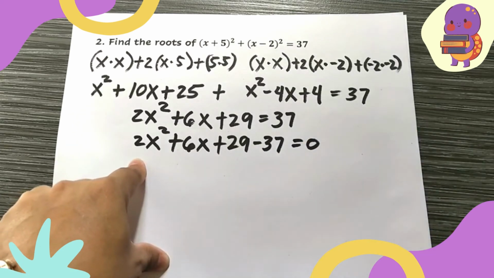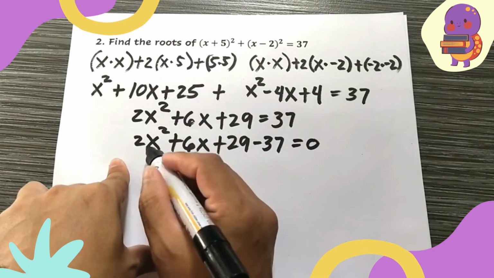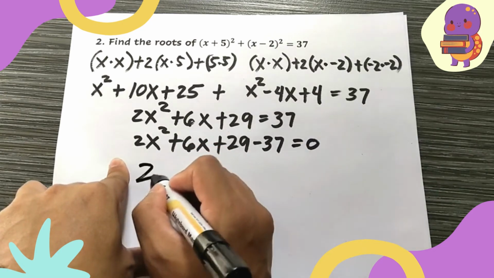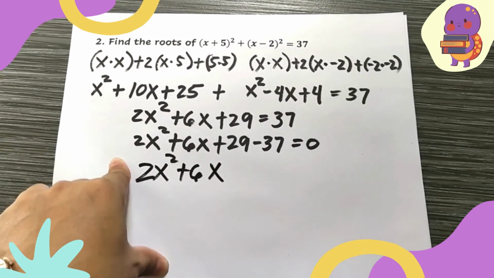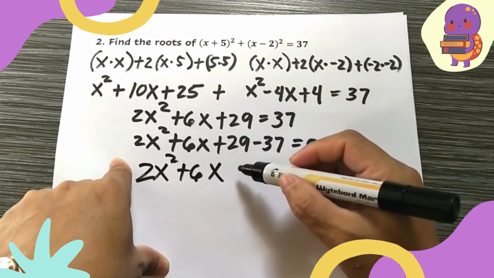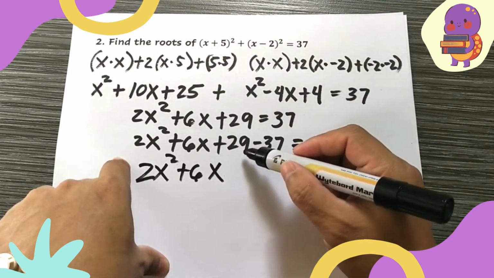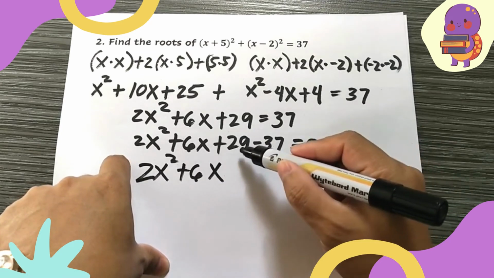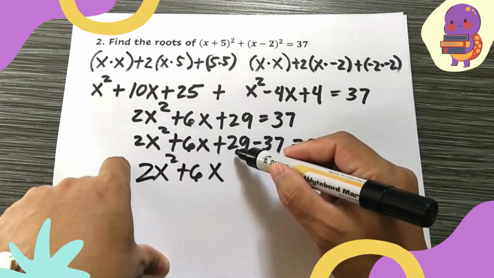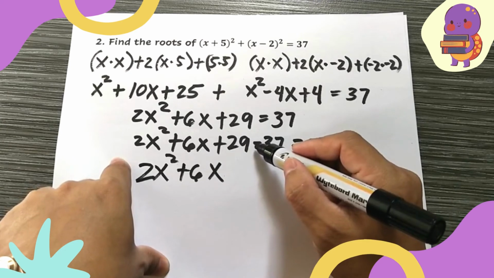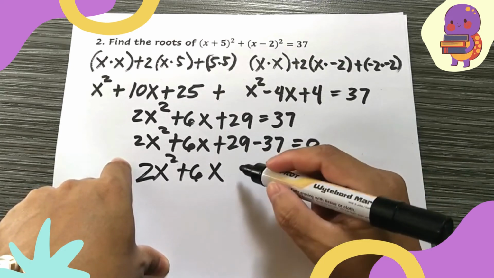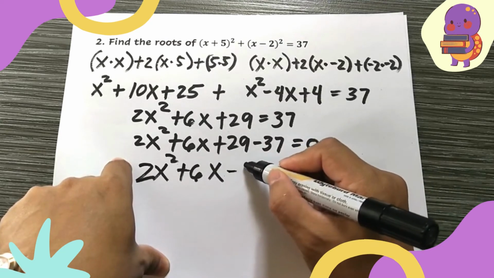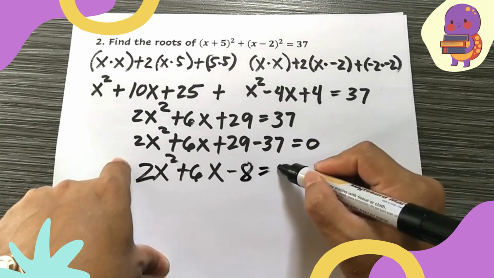First, we have 2x squared plus 6x. Now, 29 minus 37, they have different signs, so we subtract. 37 minus 29 is 8, but we follow the sign of negative 37 since it has the greater absolute value. That is negative 8, equals 0.